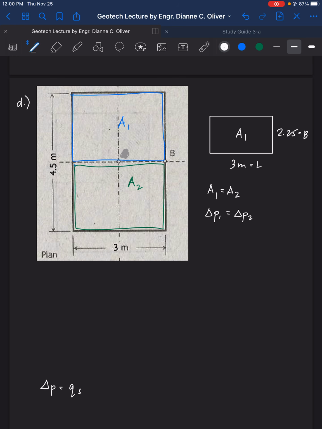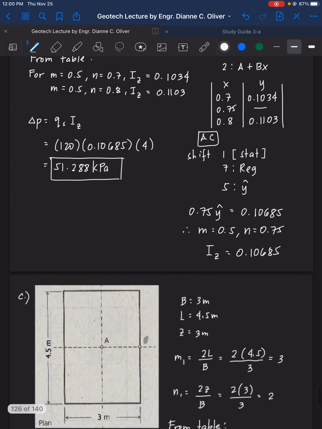Okay? Next, the formula is delta P equals Q sub S I sub Z. Compute for the values of M and N. So having B is 2.25, L is 3 meters, and then Z is equal to 3 meters. Is point B 3 meters below?